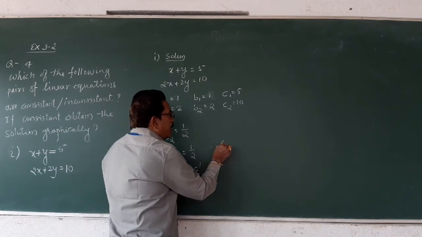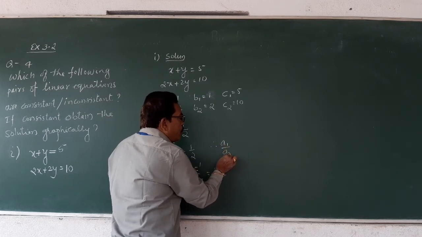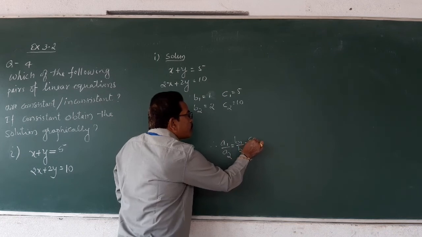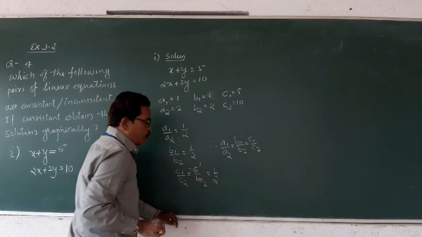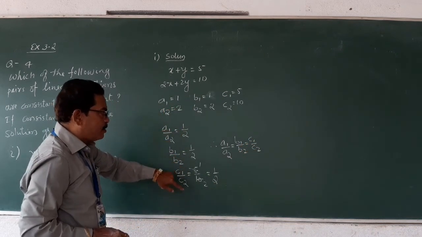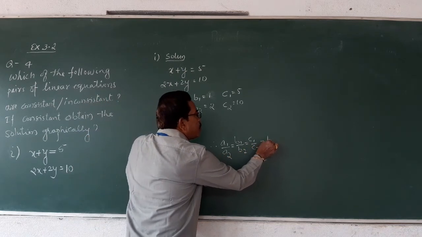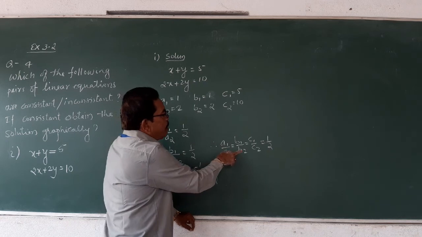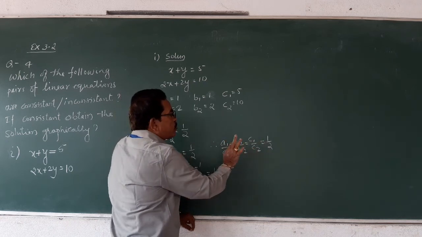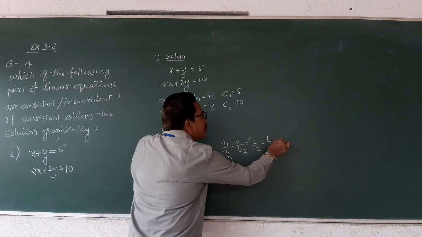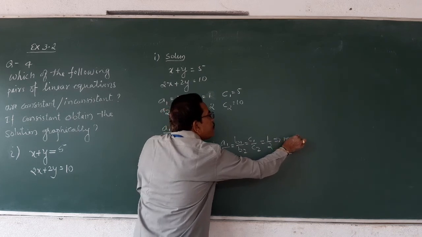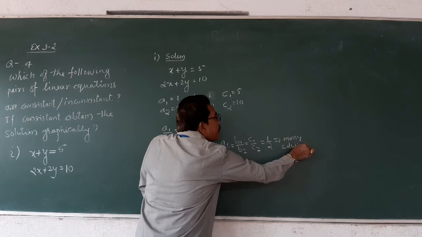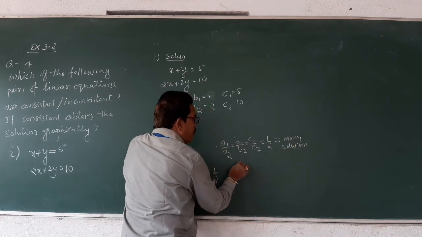Therefore, a1 by a2 equals b1 by b2 equals c1 by c2, which equals 1 by 2. That implies many solutions.